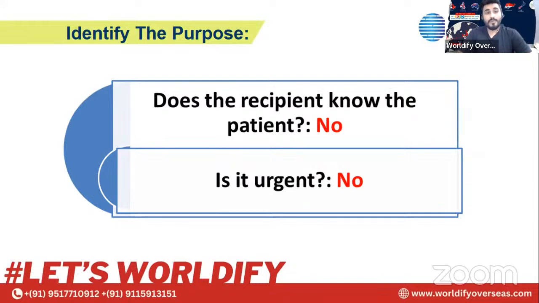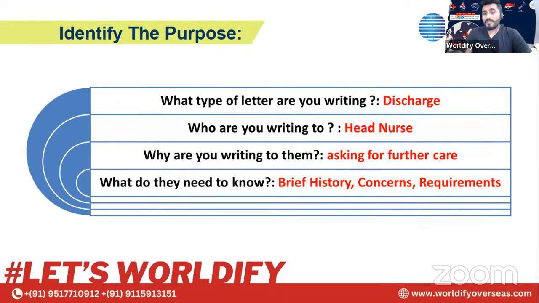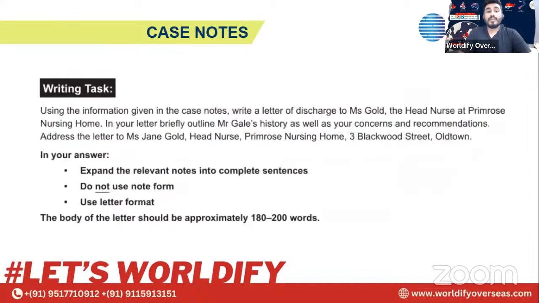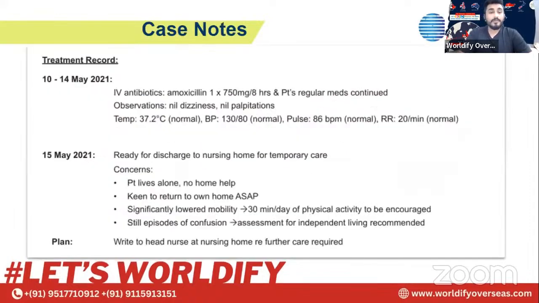So now we have identified the purpose: we're asking for further care, and we are writing a discharge letter to a nurse, where the requirements are brief history and concerns. Now we can go back and read the case notes from the start. Still, I would say you should read the last part first, because in discharge letters the last part is the most important.